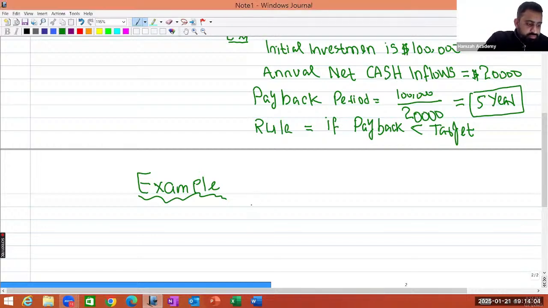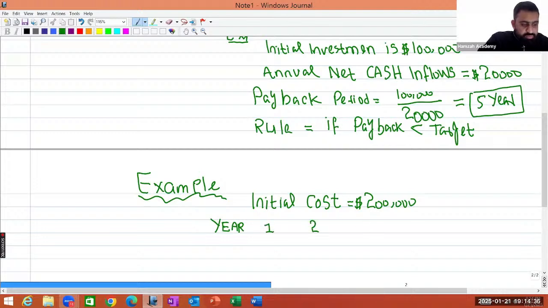Let's say, again, we have an initial investment, or you can say the initial cost, and that initial cost, let's say, is $200,000, and our annual cash inflows in year 1, year 2, year 3, year 4, year 5, year 6, and year 7. Let's say we have 7 years project life.